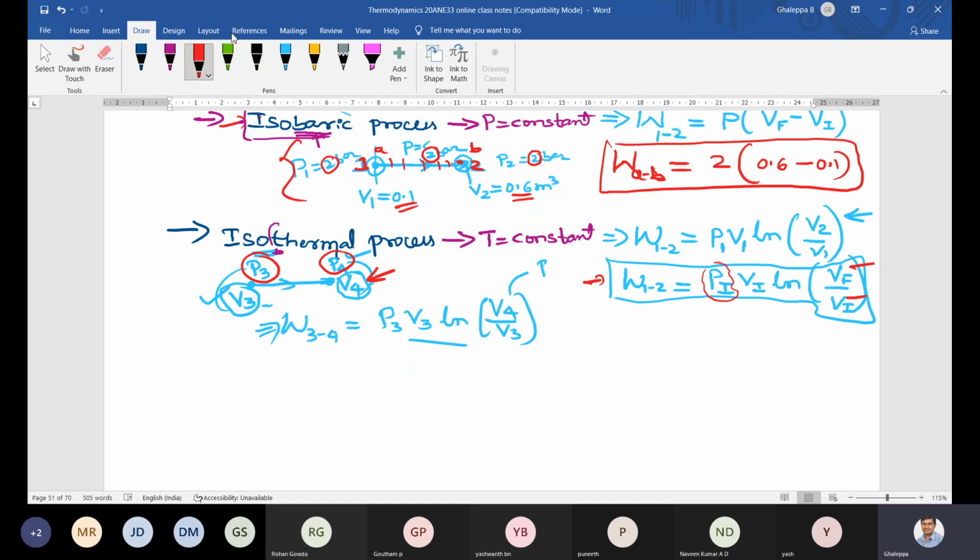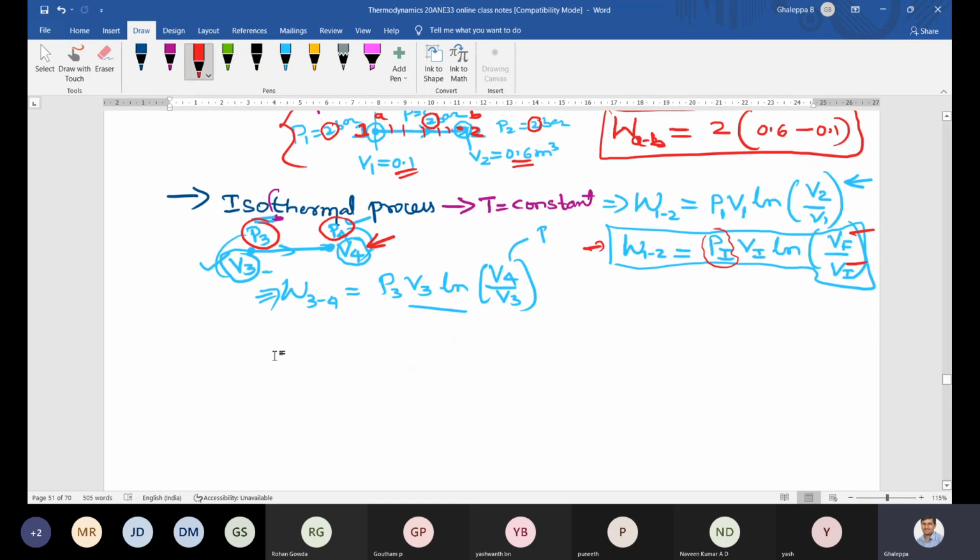Next step, you remember this equation. This equation you can apply for any process, not only this process. Dear students, I hope you remember the ideal gas equation. What is the expression for ideal gas? PV is equal to mRT. This is the ideal gas equation. And here, for the given process, we will always assume m is equal to 1 kg.